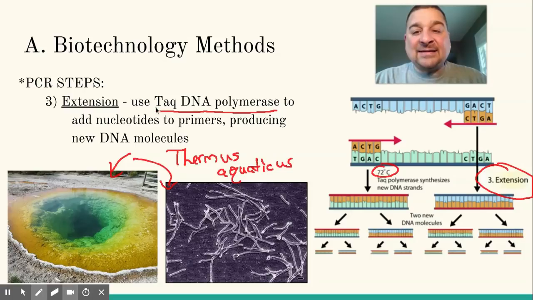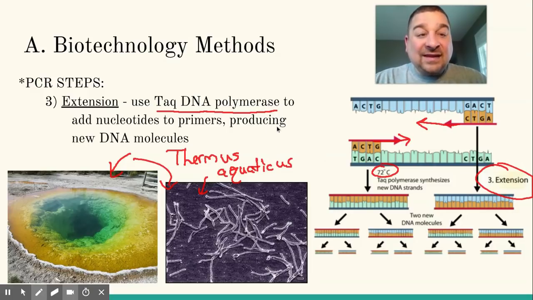That's what Taq stands for, Thermus aquaticus, which is a bacterium that we found in the hot springs that works well at very warm temperatures, and they just start building. They start adding new nucleotides onto there, and we make 2 new strands. And it just keeps going.